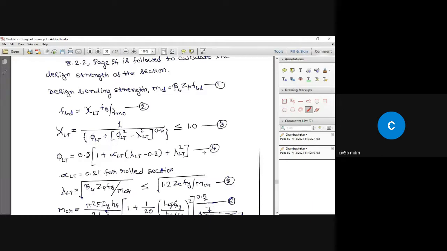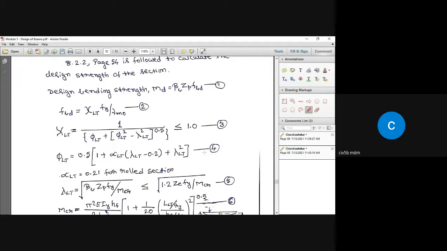So that is equated to beta B ZP FCR comma B. Is it not? So that formula can be used. If you come down further, there is a formula to find out FCRB equal to something. It's a complex formula. So don't use these two, because it's a complex formula. Of course, there is nothing wrong if you use it.